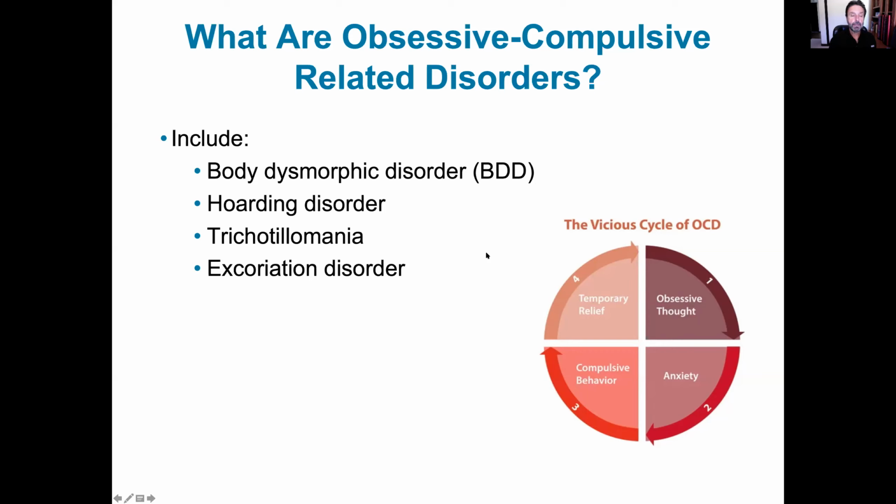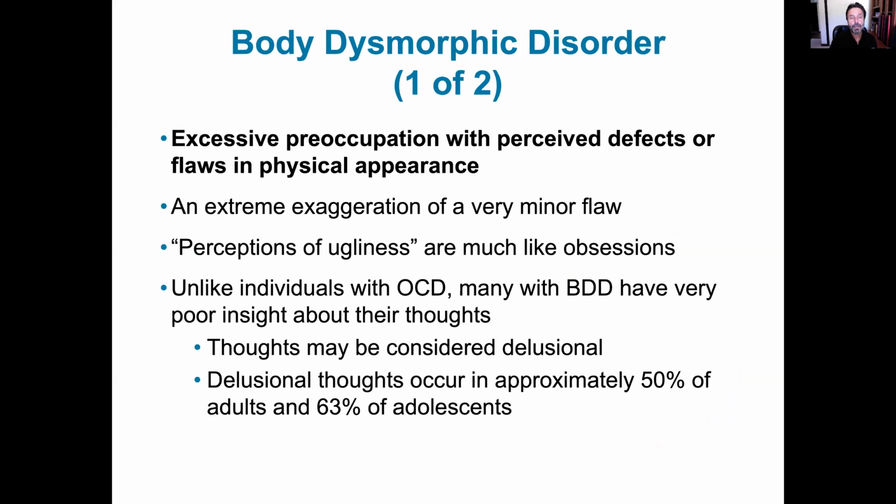Some of the disorders that are associated with OCD are body dysmorphic disorder, hoarding disorder, trichotillomania, and excoriation disorder, and we'll talk about them a little bit in brief. People who have body dysmorphic disorder are preoccupied with some kind of perceived defects or physical flaws in their body.